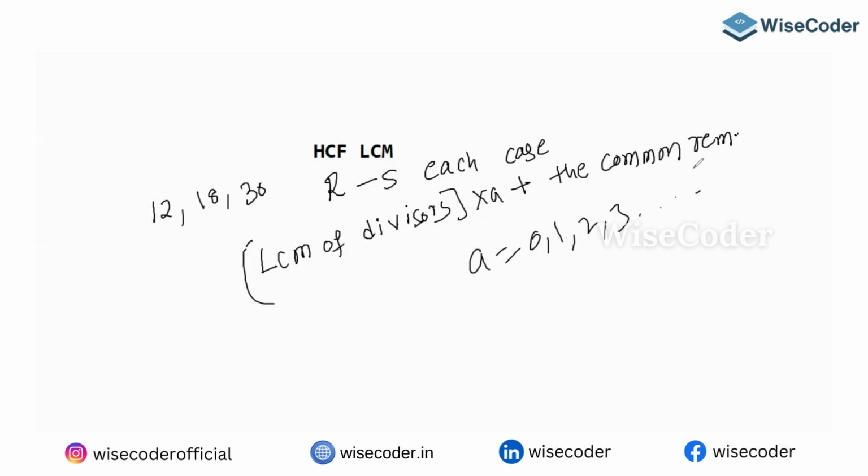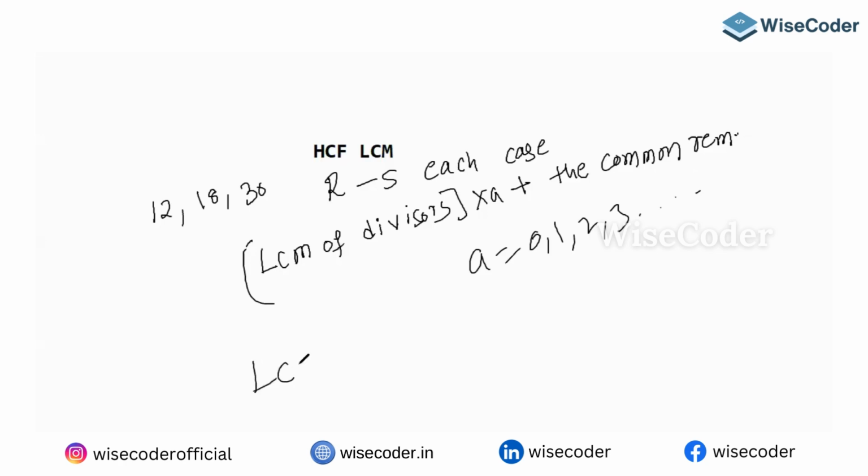Let's look closely here. The LCM is the least number that is completely divisible by the divisors. If we add the required remainder to the LCM, it will always leave that remainder, yes or no?